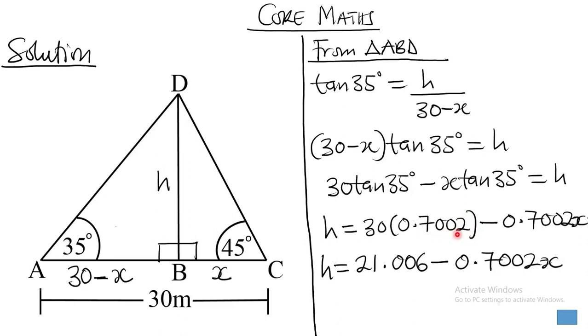So substituting and simplifying, you are going to get H to be equal to what? 21.006 minus 0.7002X. Good. So this is the height of the cliff based on what? Triangle ABD. Now we have to move on to find the height of the cliff based on triangle BCD.